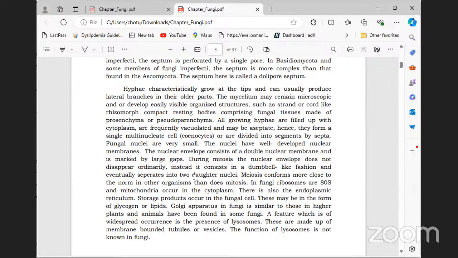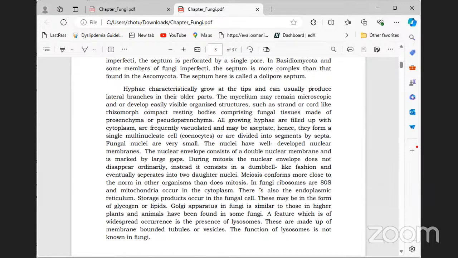These fungal nuclei are very, very small. The nuclei have a well-developed nuclear membrane. The nuclear envelope consists of a double nuclear membrane. During mitosis, the nuclear envelope does not disappear as it ordinarily does, and instead a dumbbell-like fascination is present.